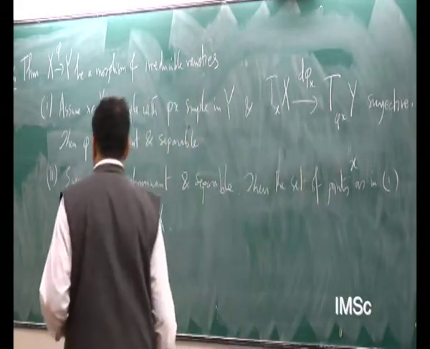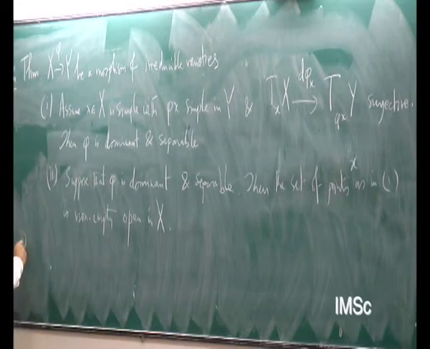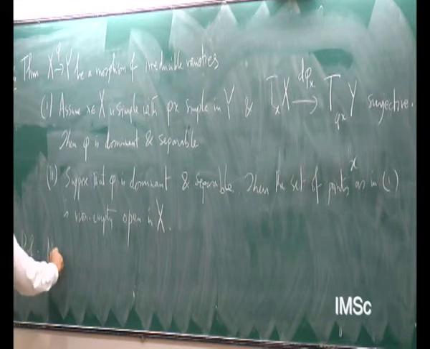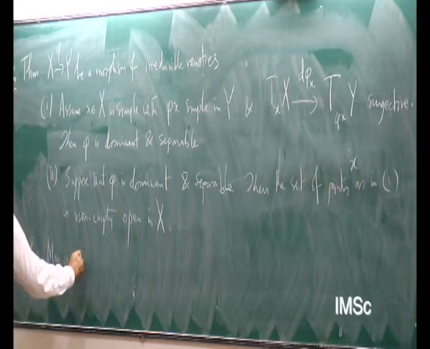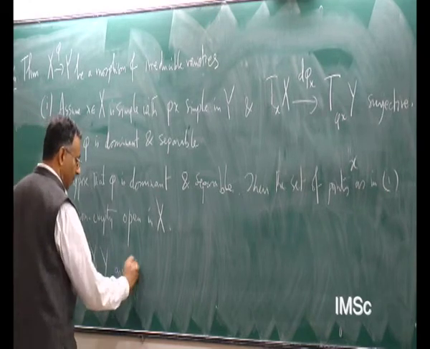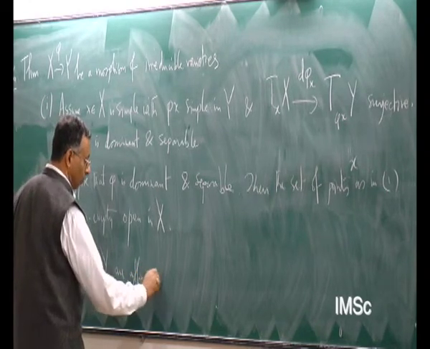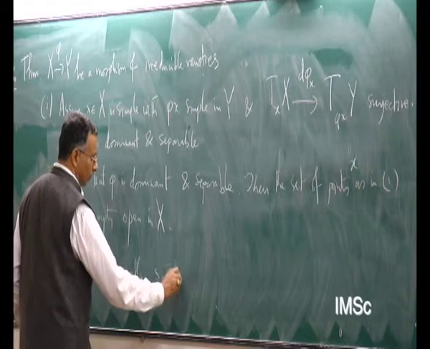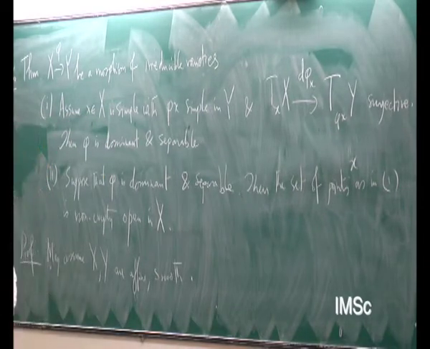The first thing is the proof. We may assume X and Y are affine and smooth. Let's see why.